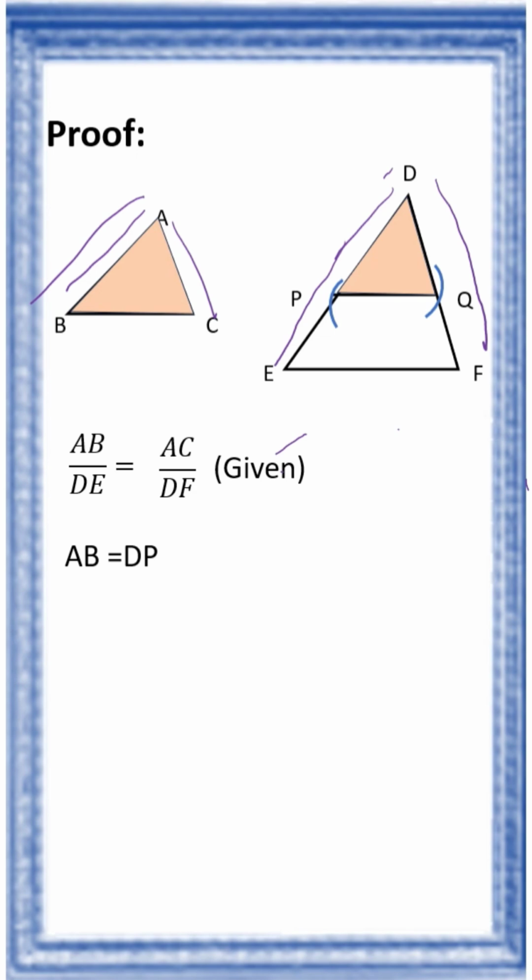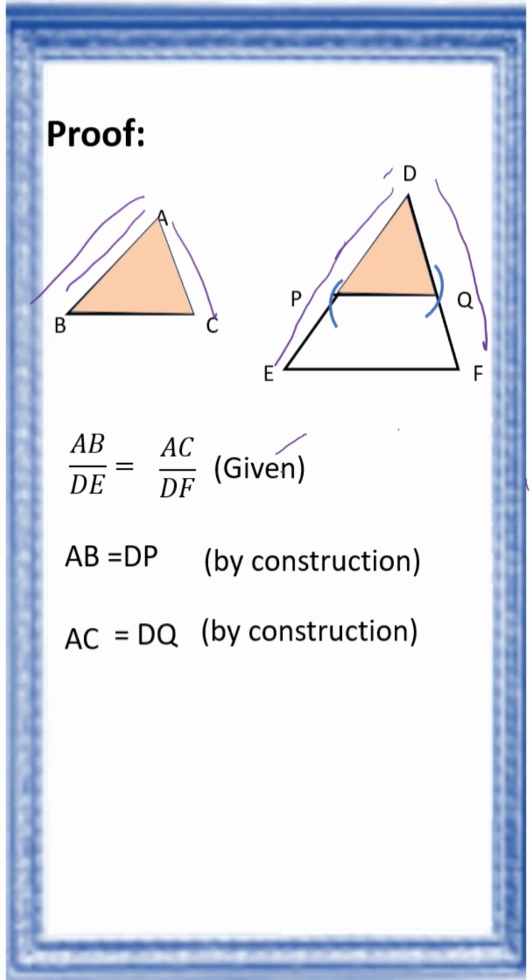AB is equal to DP by construction and AC is equal to DQ by construction. So now replace AB by DP. So this becomes DP by DE. AC by DQ. So this becomes DQ by DF.